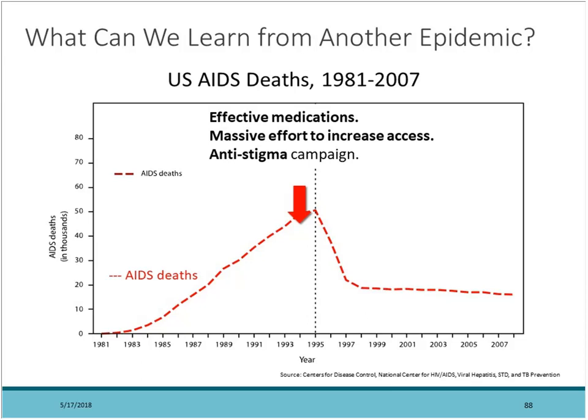In 1995, there were 50,000 deaths from AIDS. We had 42,000 opioid-related deaths last year, which is 5 every hour. So in the last hour that we've been having these conversations, at least 5 people have died from the opioid epidemic in the U.S., which is sobering to think about.